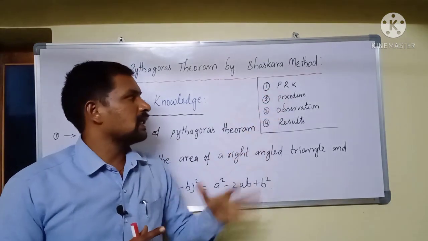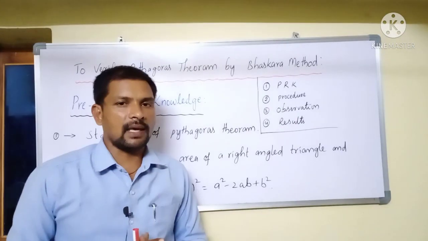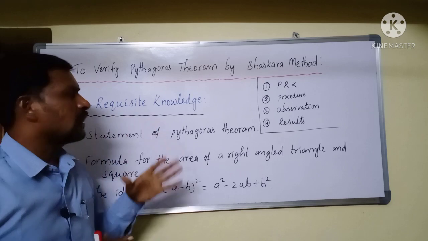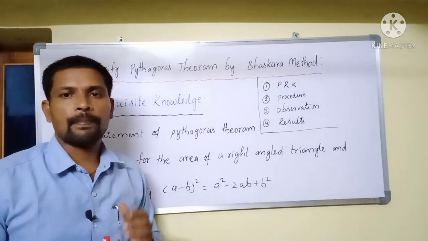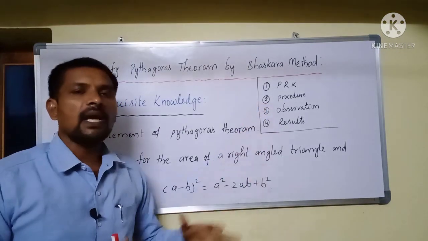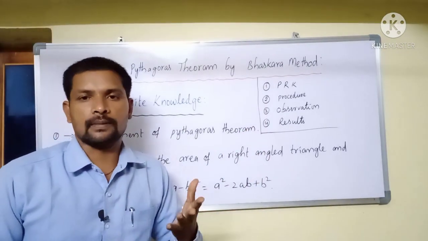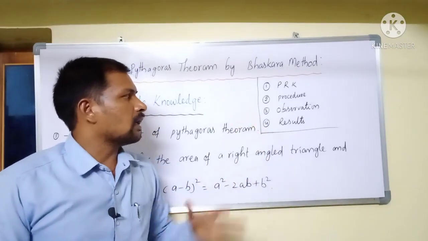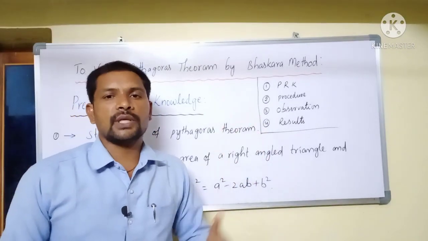So first one is PRK. PRK means prerequisite knowledge. Then second, we need procedure. Then third one, observation.